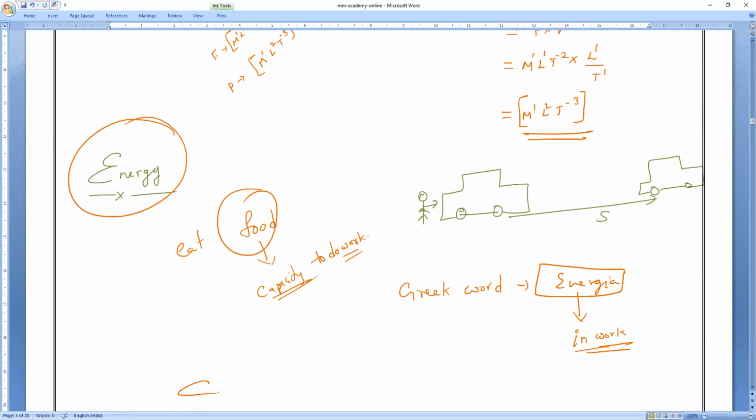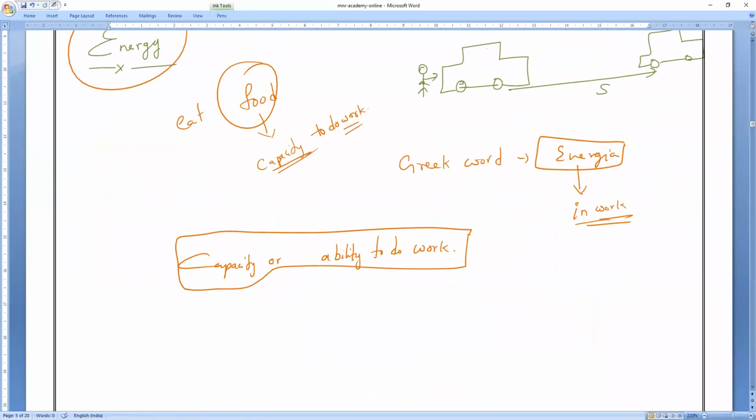Definition, write it: a capacity or ability to do the work. A capacity or ability to do the work is only called what? Energy.